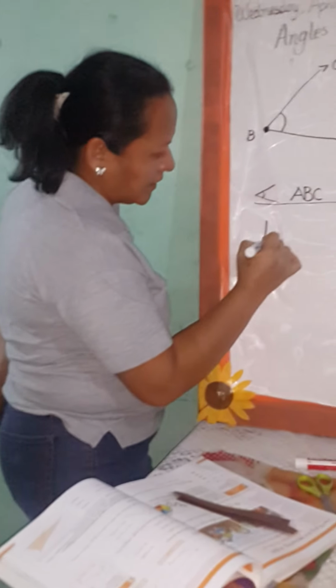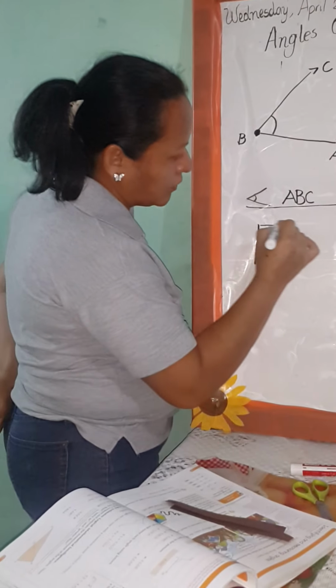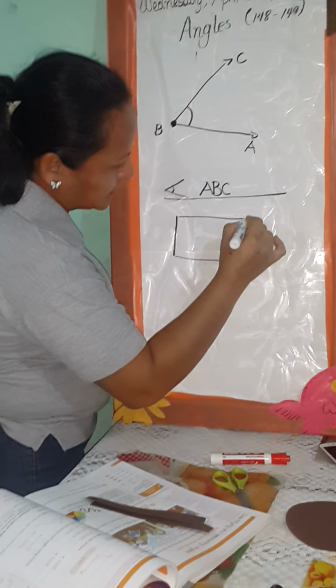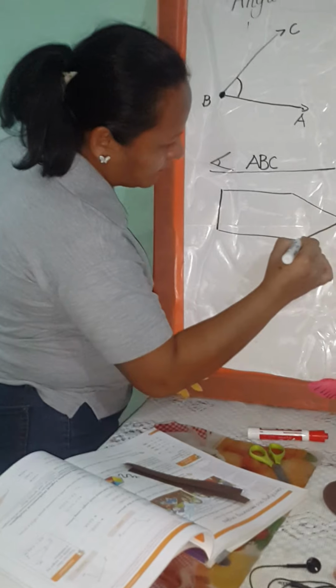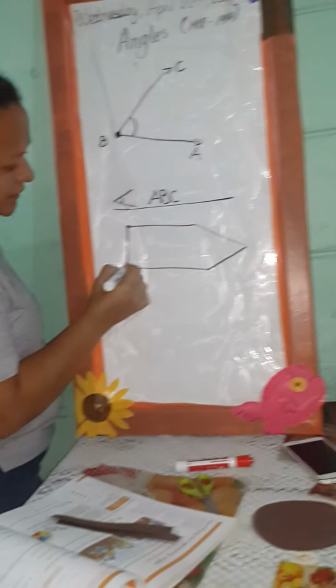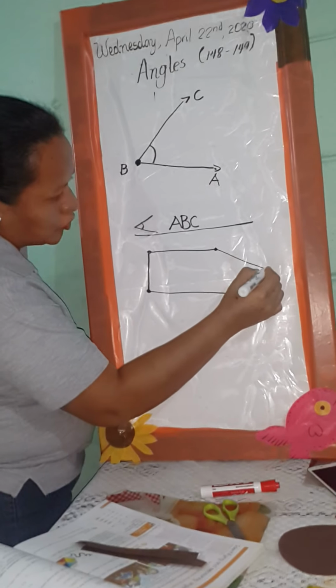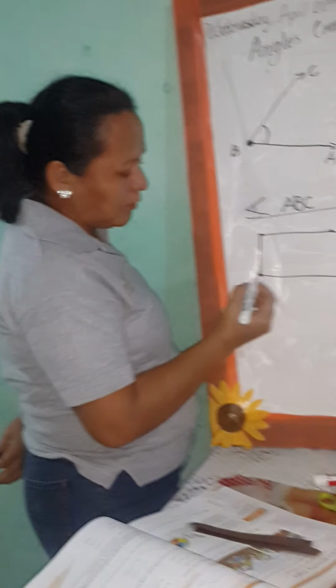But we have another example there, like this. This is a figure with different kinds of angles. So all these points where the lines join are vertices.